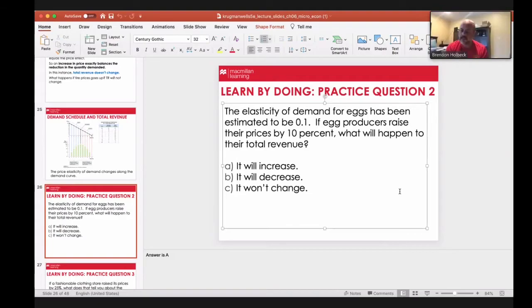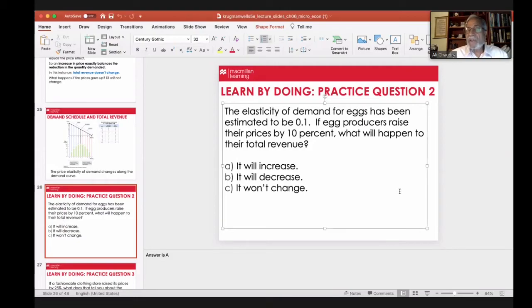So the percent change in quantity demanded, what will be that number? It would be exactly 10, right? Because percent change in quantity demanded divided by 10, which is the percent change in price, is equal to 1. That's the definition of unitary elasticity.